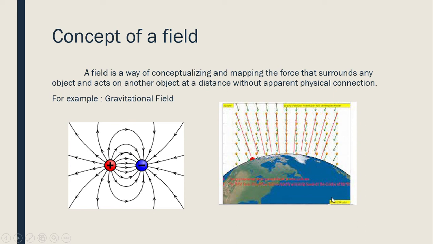Let's look at the bigger picture. Gravitational. So, of course, there's the Earth. The gravitational field means the field where gravity is still acting. So, for example, an airplane, or anything up there, is still within the gravitational field.